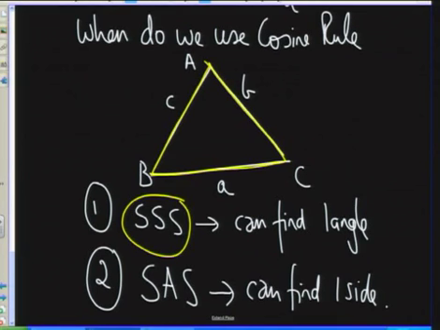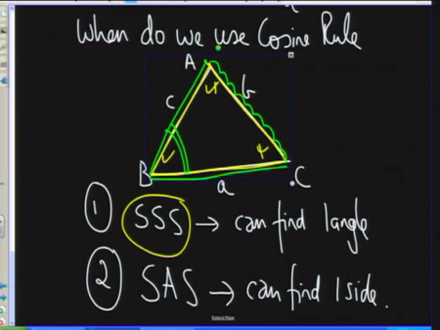I could find angle B, and once I've done that one, I could find angle C, and once I've done that one, I could find angle A. So we could find all three angles as long as we've got side, side, side. However, if we have side, angle, side, yes, we can find the area, but we can also find this length B.